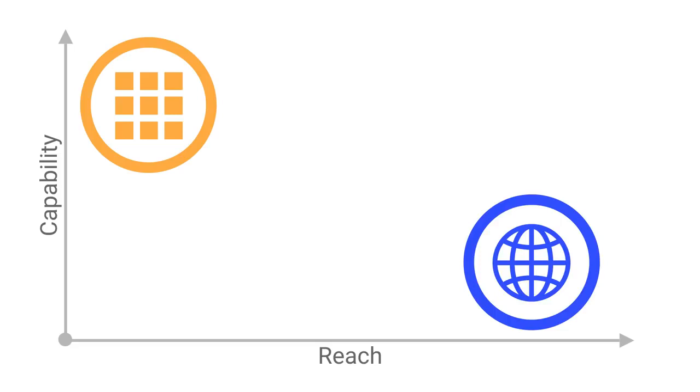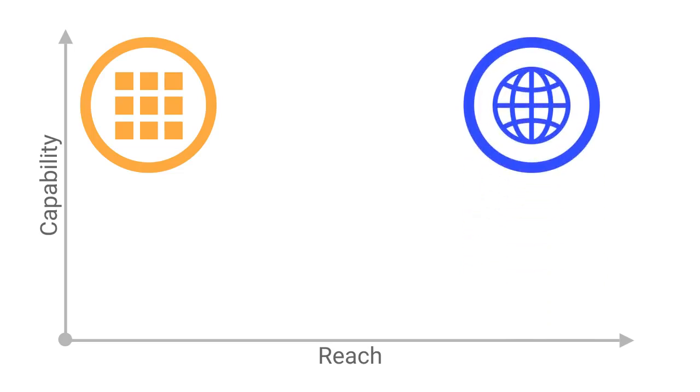The web is safer, and its permission model is more respectful of your privacy. But without some of the same capabilities, it doesn't matter how many people can use it. We want to combine the capabilities and experience users are used to in native apps with the reach of the web. We want the best of both worlds.